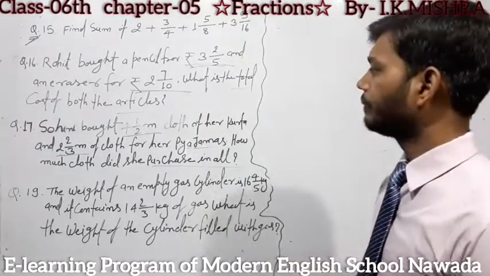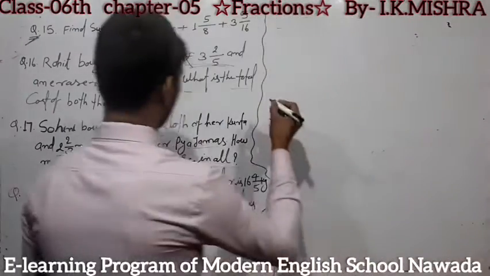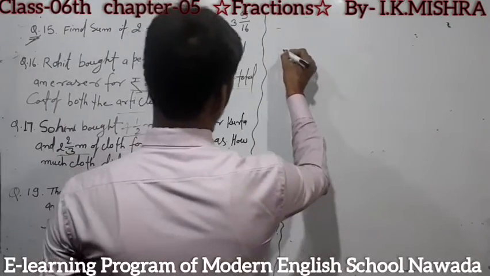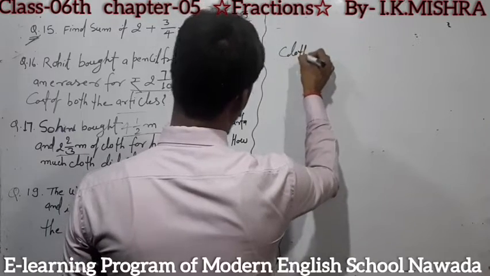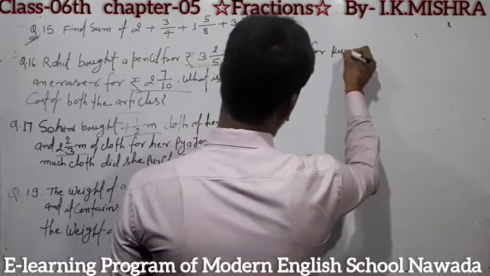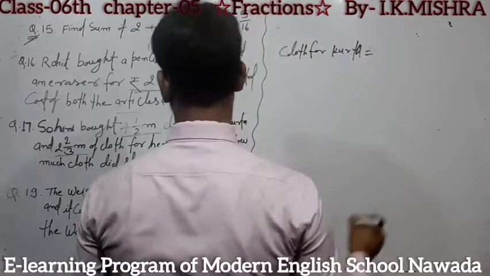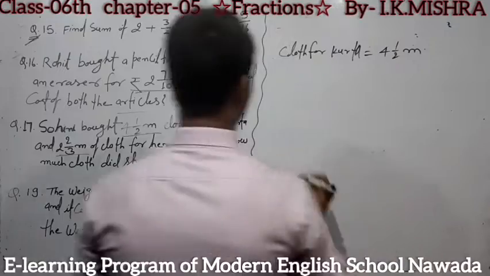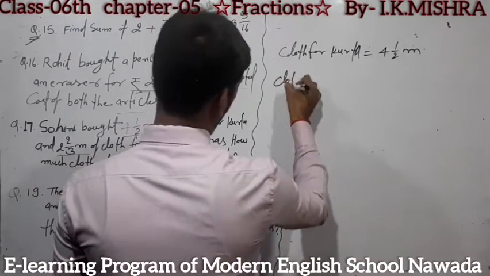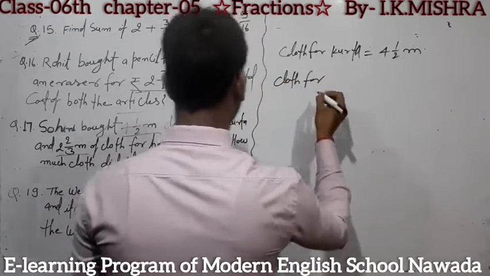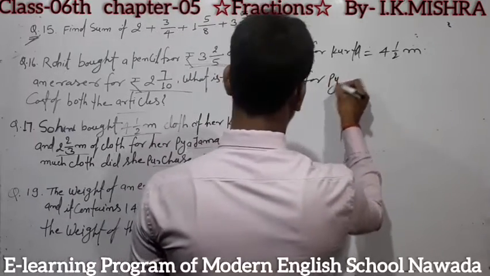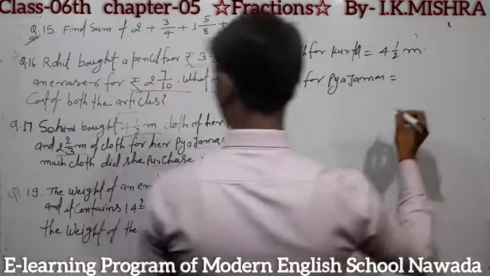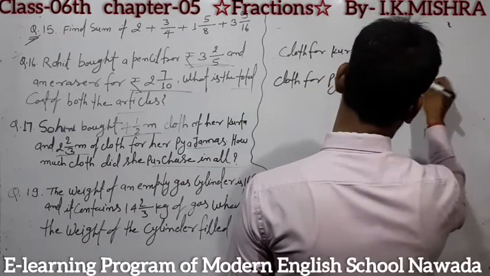So here first of all write length of cloth, that means cloth for kurta is equal to 4 whole 1 by 2 meter. Now cloth for pajama is equal to 2 whole 2 by 3 meter.